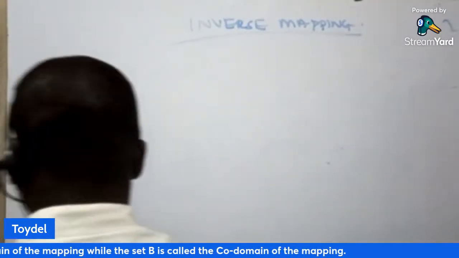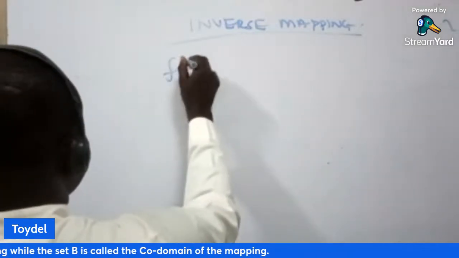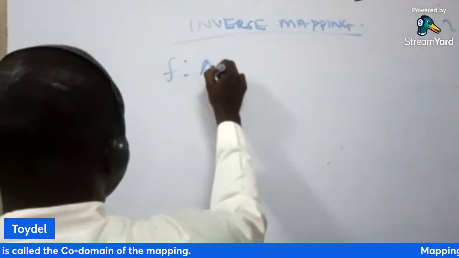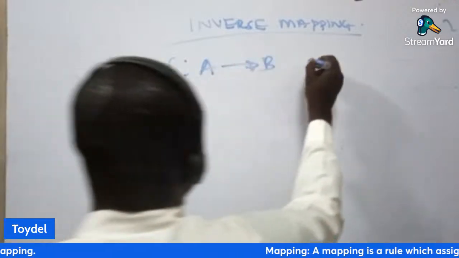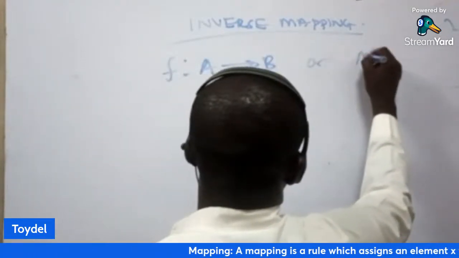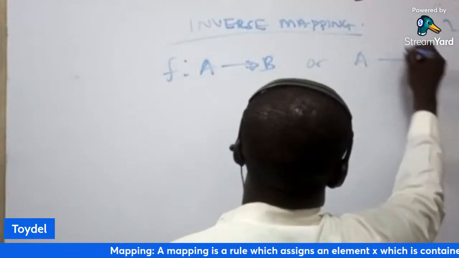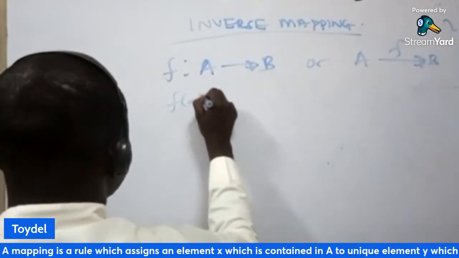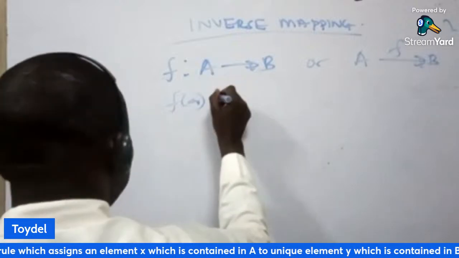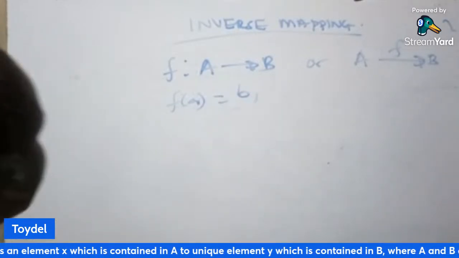So if you have a mapping f defined as taking element from A to B, or we can write it as A takes element to B under f, if this is the mapping, we all know that f of a, where a is an element here, is going to give us b. That is a known fact.